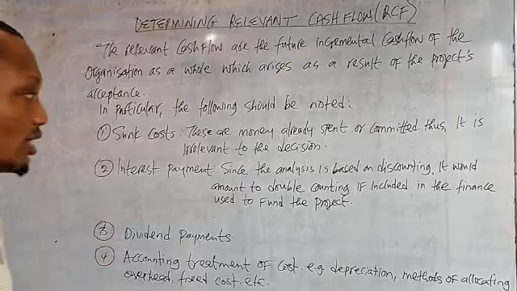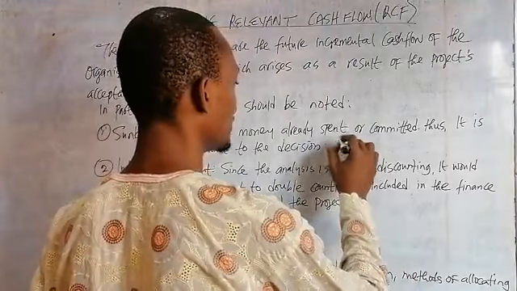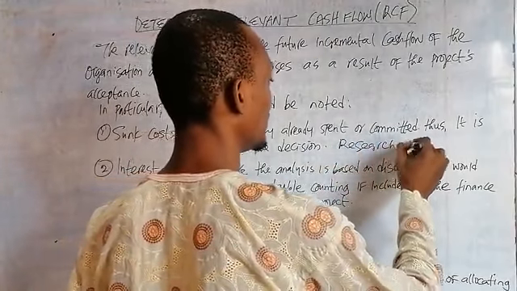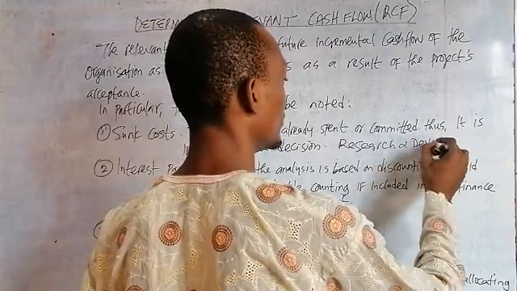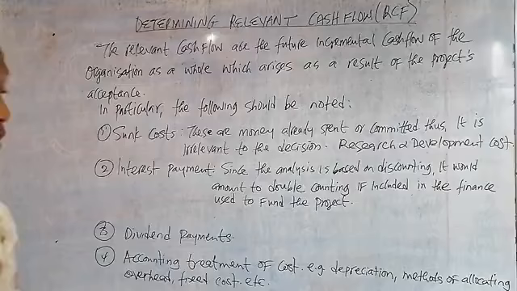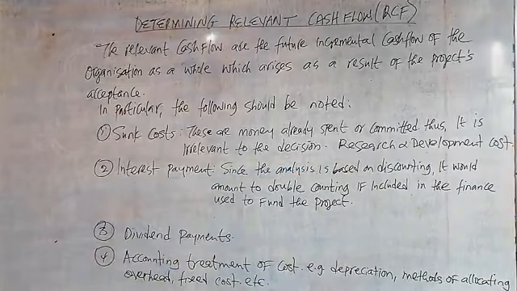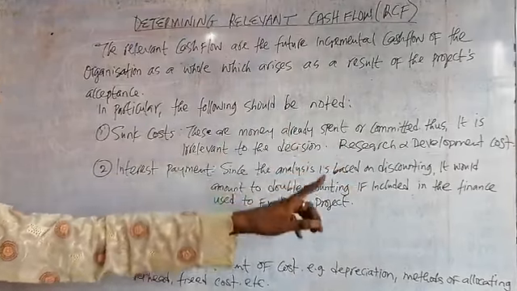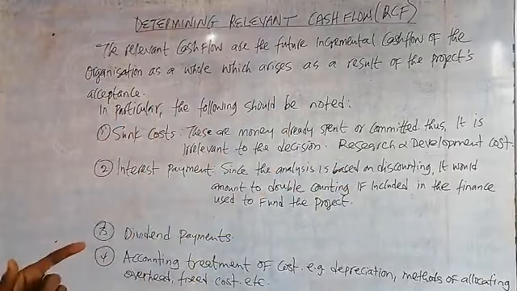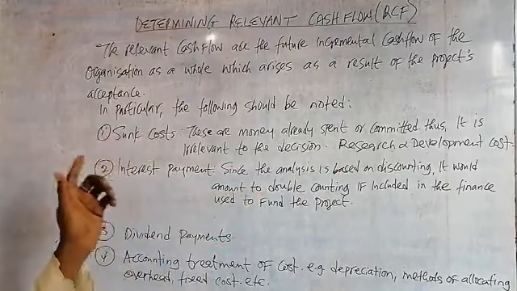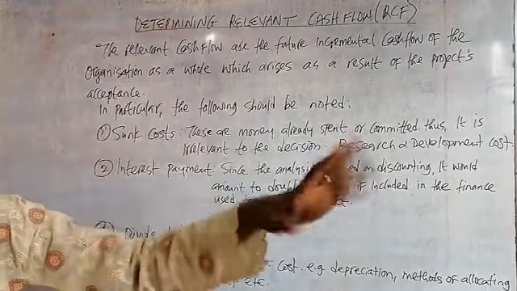An example of this is research and development cost. Research and development cost is irrelevant for decision making, because whether you go ahead to invest in such a project on which you have done research, or you do not go ahead to invest in it, the cost has been spent already.